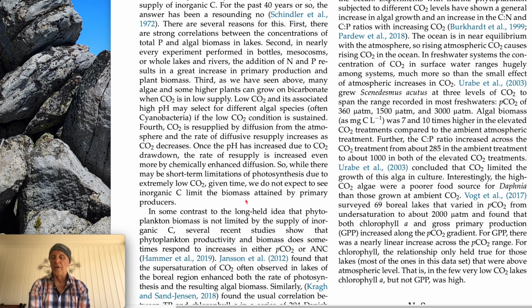For chlorophyll, the relationship only held true for those lakes, most of the ones in which this data set is from, that were above atmospheric levels. That is, in the very low CO2 lakes, chlorophyll a, but not GPP, was high.